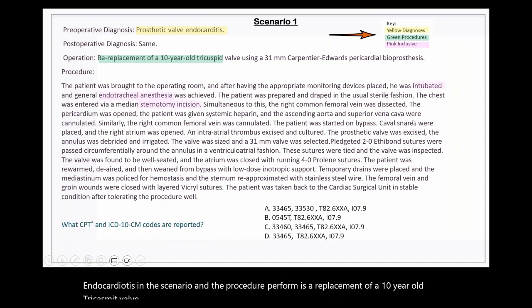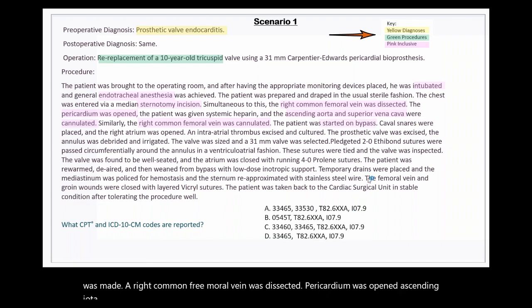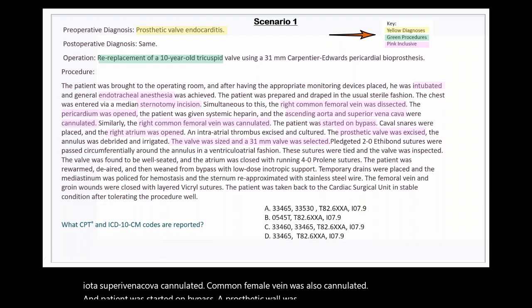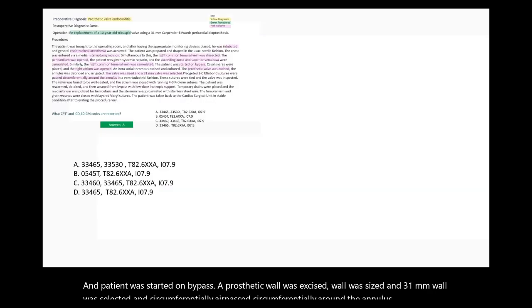The patient was intubated, endotracheal anesthesia was given, a sternotomy incision was made, a right common femoral vein was dissected, and the pericardium was opened. The ascending aorta and superior vena cava were cannulated, the common femoral vein was also cannulated, and the patient was started on bypass. The prosthetic valve was excised, the valve was sized, a 31 valve was selected, and it was passed circumferentially around the annulus. So that's all what we have here.